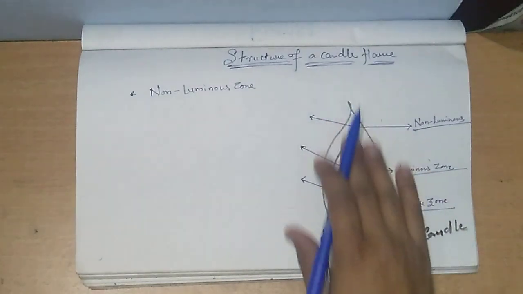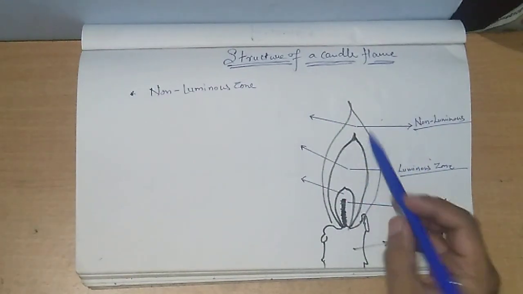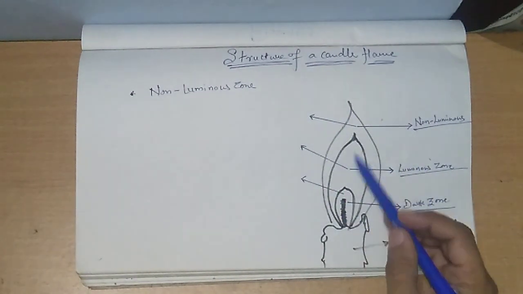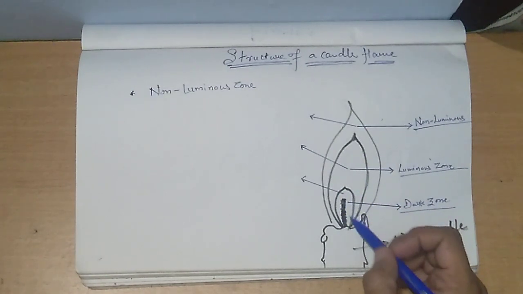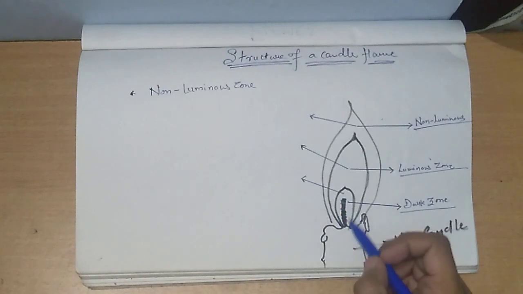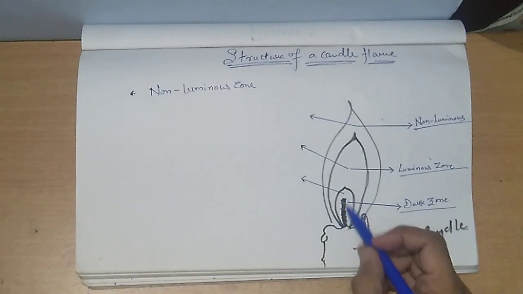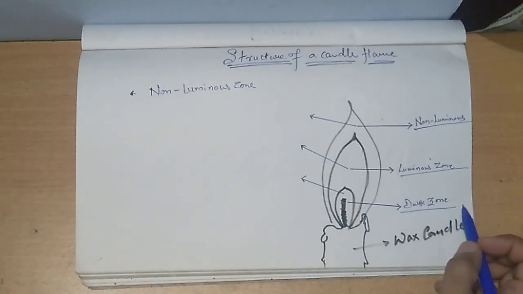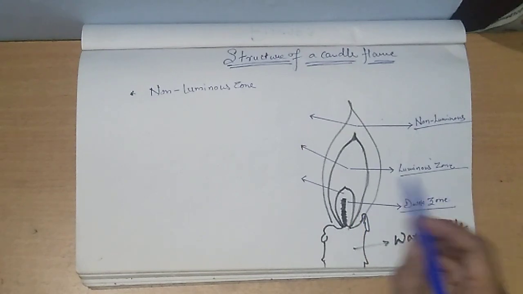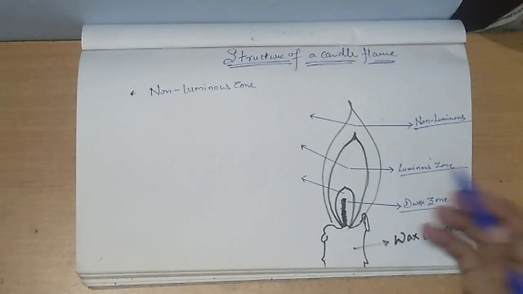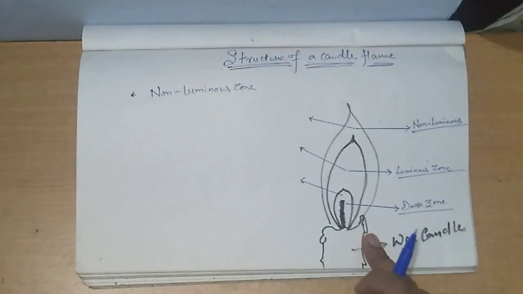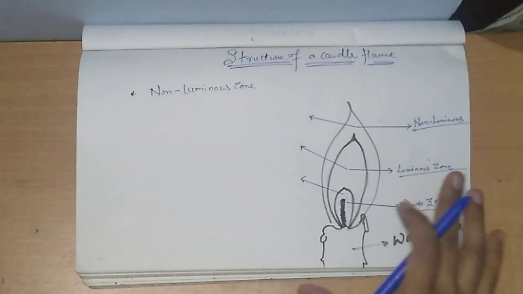But this flame is again divided into three sections, and all three have different colors. The portion nearest to the wick is the dark zone, next is the middle zone, and then the outermost zone.